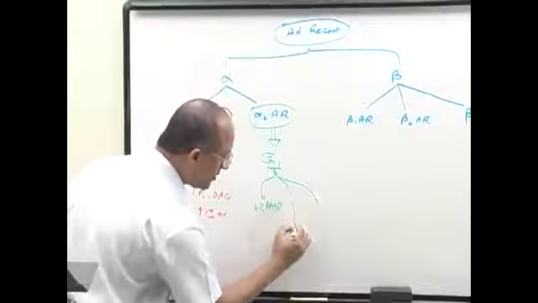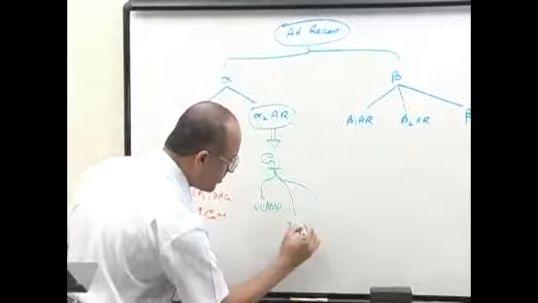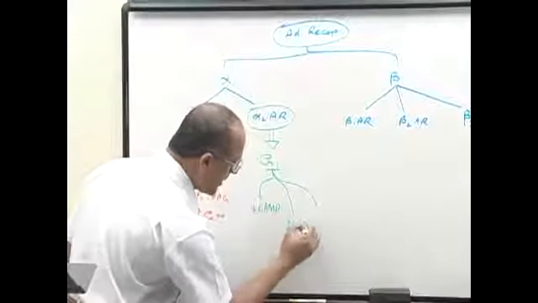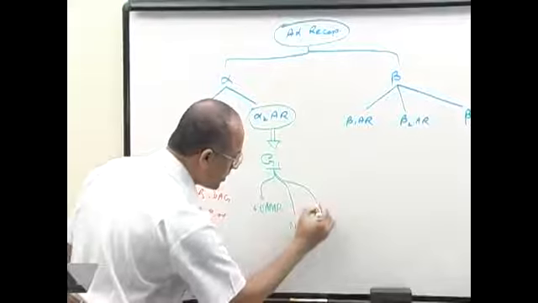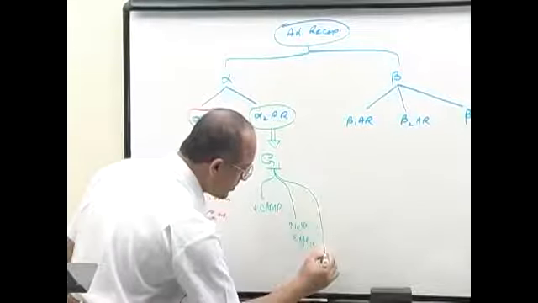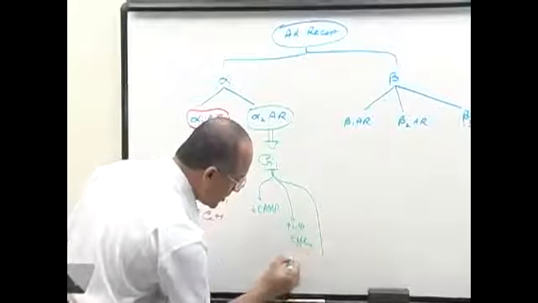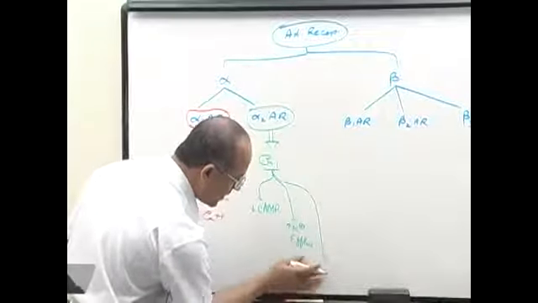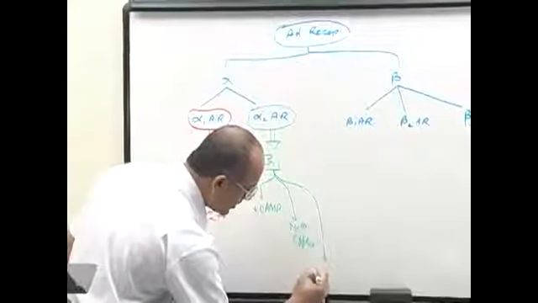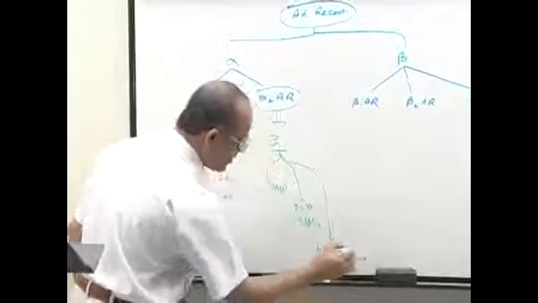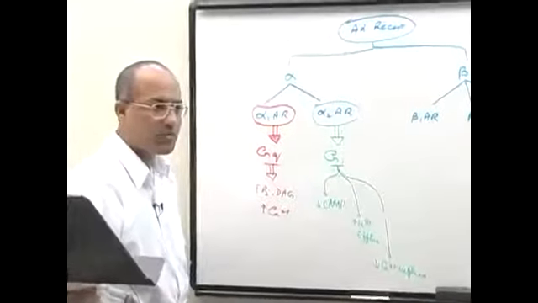Number 2, there is increased potassium efflux, and number 3, there is decreased calcium influx. Am I clear? No problem.